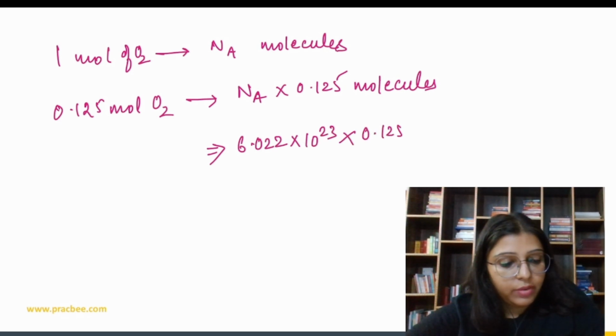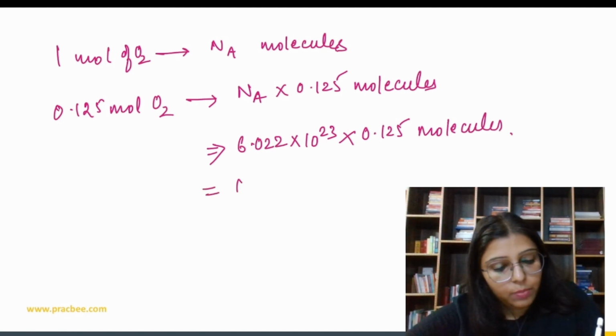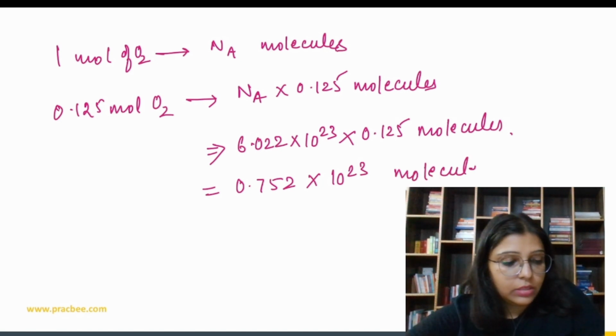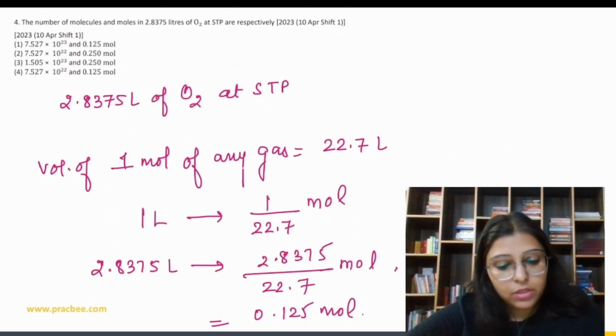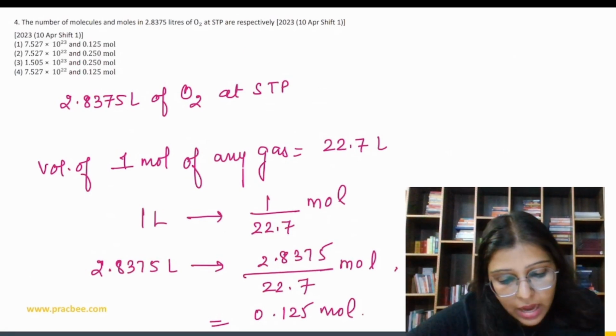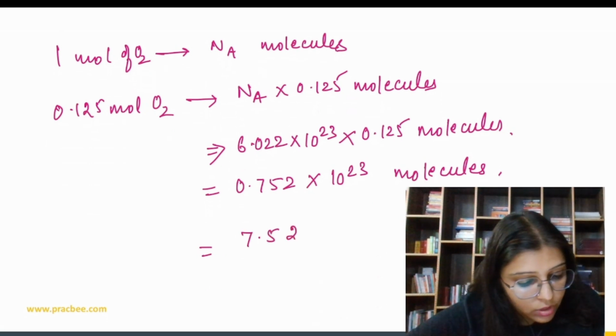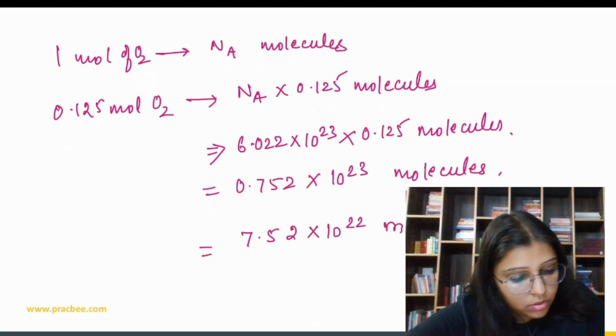Into 0.125 molecules, right? So on solving, we get 0.752 into 10 to the power 23 molecules. That's it. So as per the option, we have the answer. We can also write this as 7.52 into 10 to the power 22 molecules.